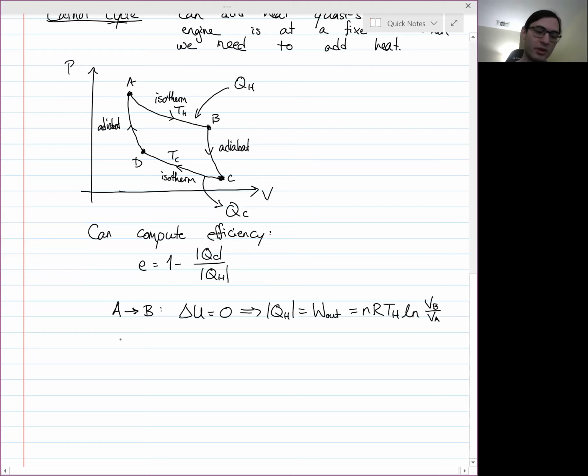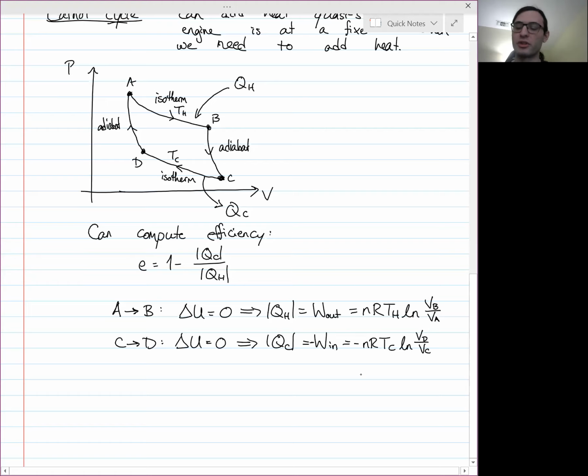Similarly, from C to D, we also have that delta U is equal to 0, which implies that QC is equal to the negative of the work in, which is negative nR TC times log of VD over VC. We can use a log rule to get rid of the negative sign and flip the fraction.